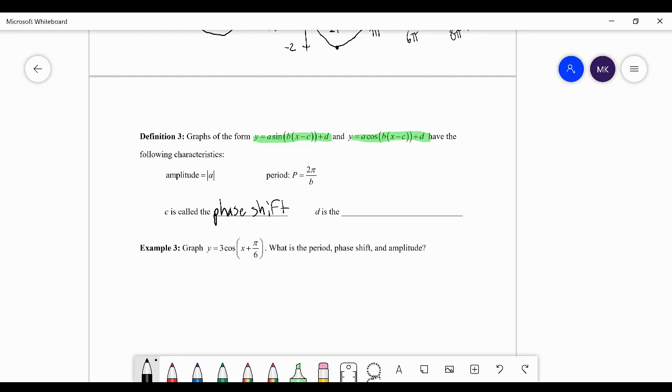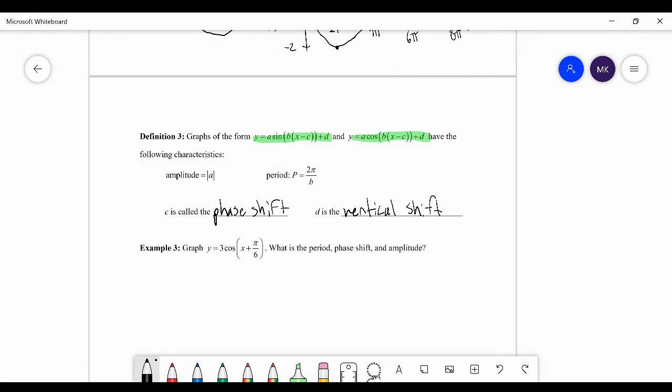D is just very simply the vertical shift. Much like it was in 111 or any other class before, this d value does what we think it does. If it's plus 3, it moves our entire function up 3. If it says minus 3, it moves the whole thing down 3.